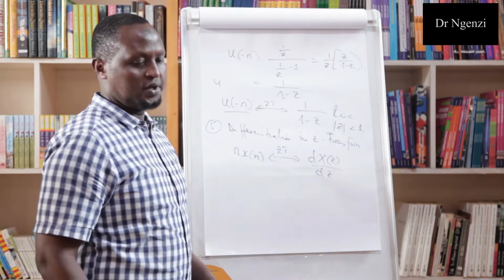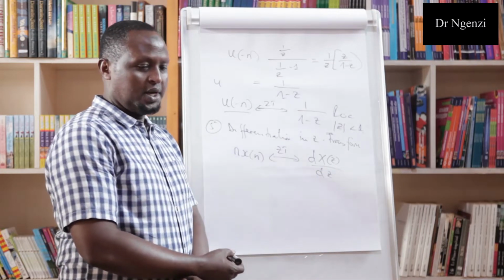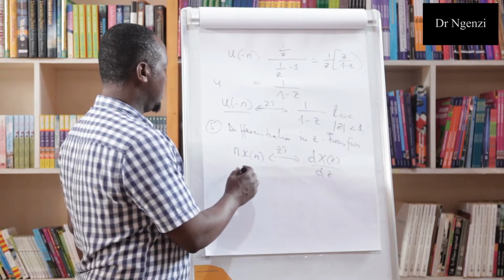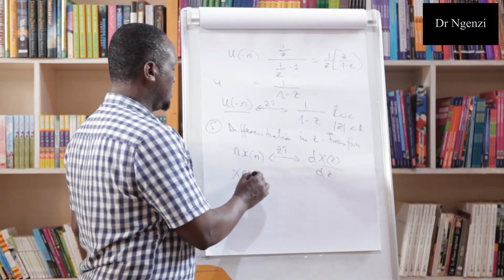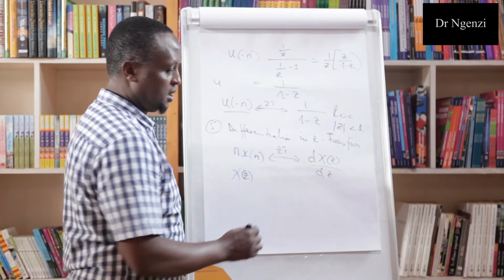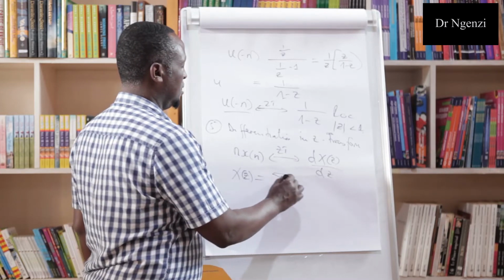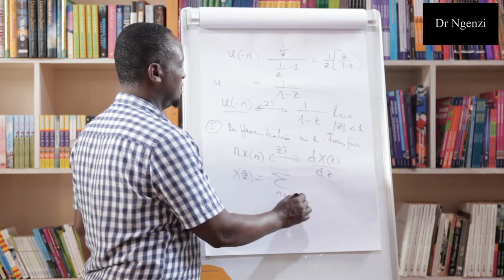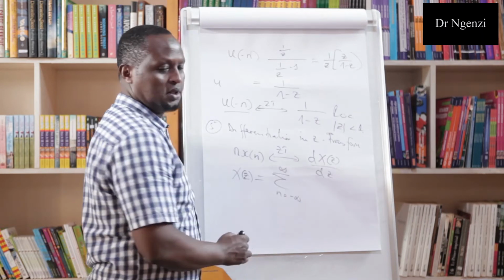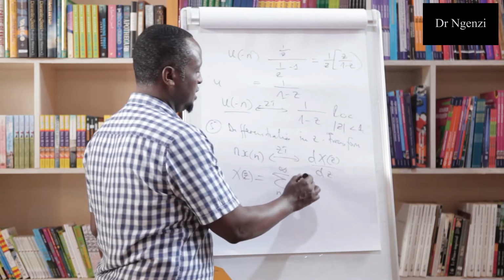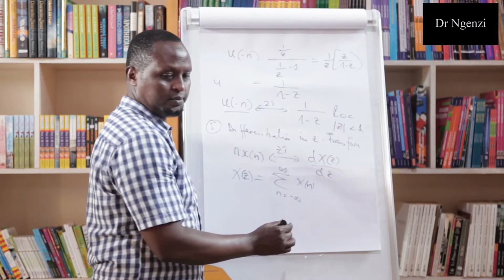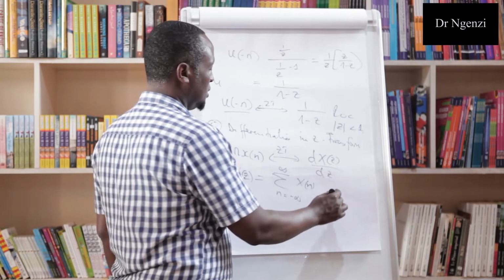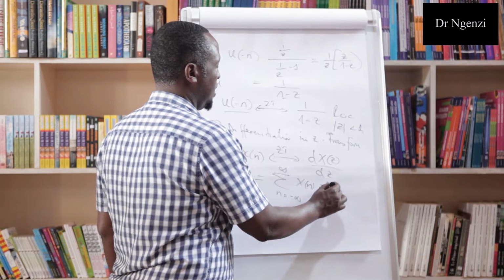So this is the differentiation method, and as we know, this is also true. Remember, we have the summation from n equals negative infinity to infinity of x of n z to the power negative n.